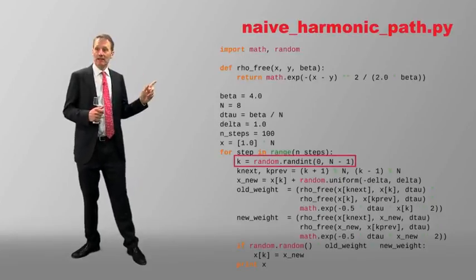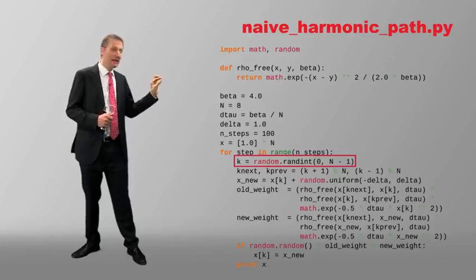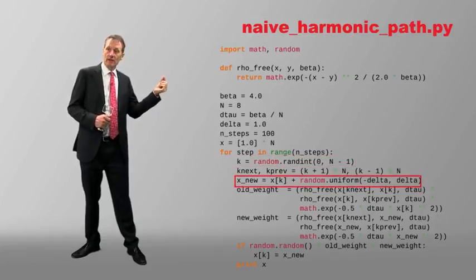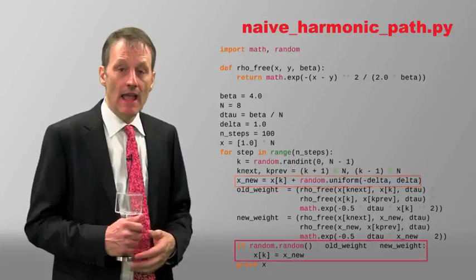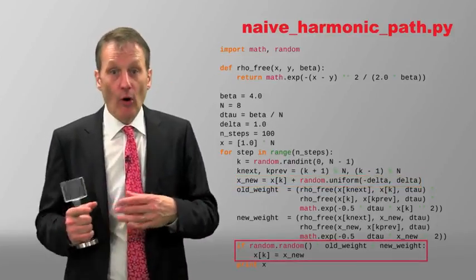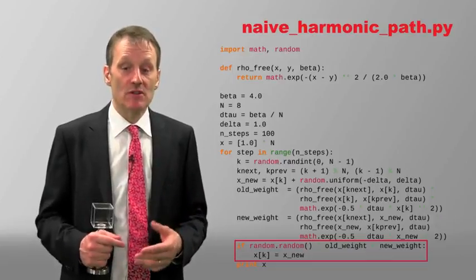Its key element was that we sampled a random bead k and proposed a random move from xk to xk plus delta x and accepted or rejected the move with the Metropolis acceptance probability.